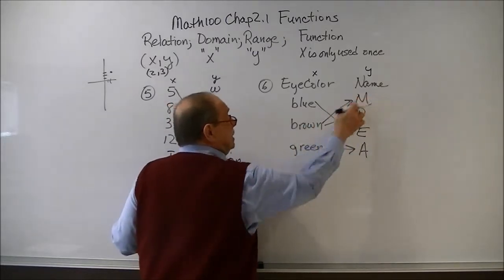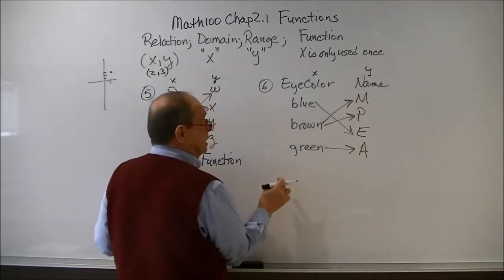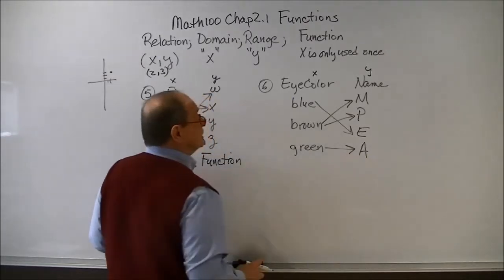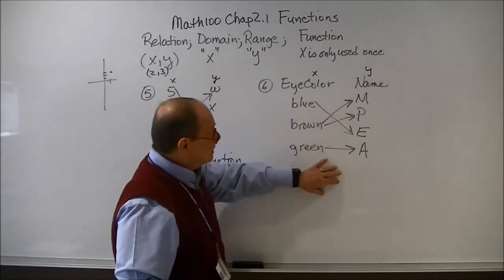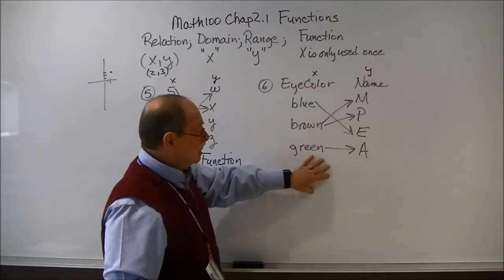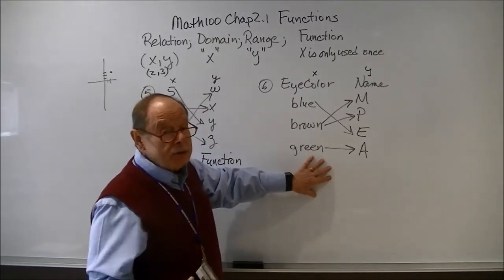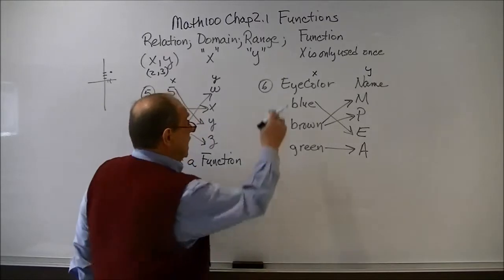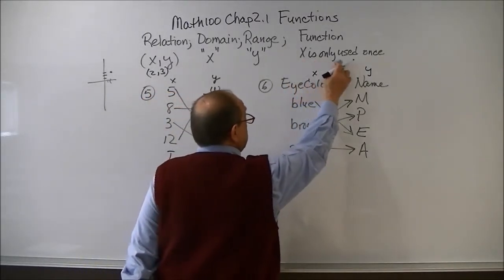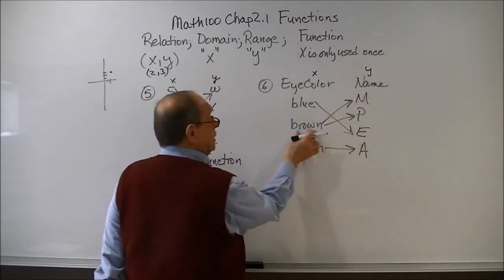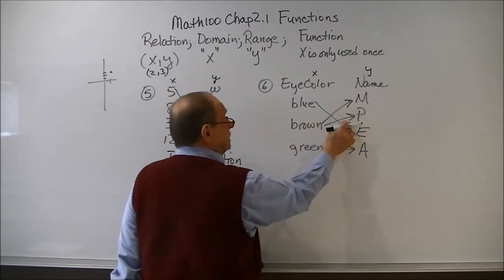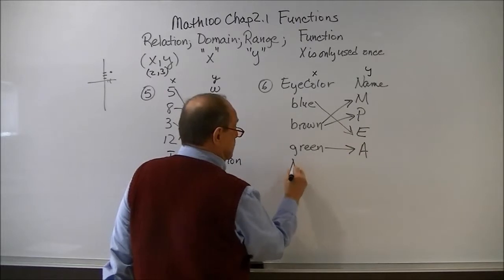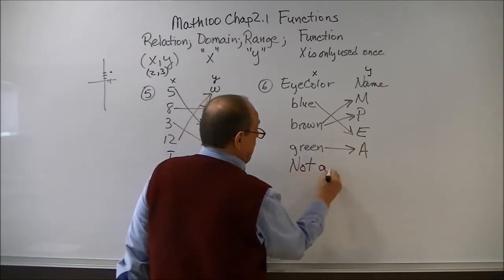It's used for M and it's used for P. Green is only used once. So in this particular case, does this relation indicate a function? Well, again, is x only used once? Here, brown, which is sort of our x unit, is used twice. So this is not a function.